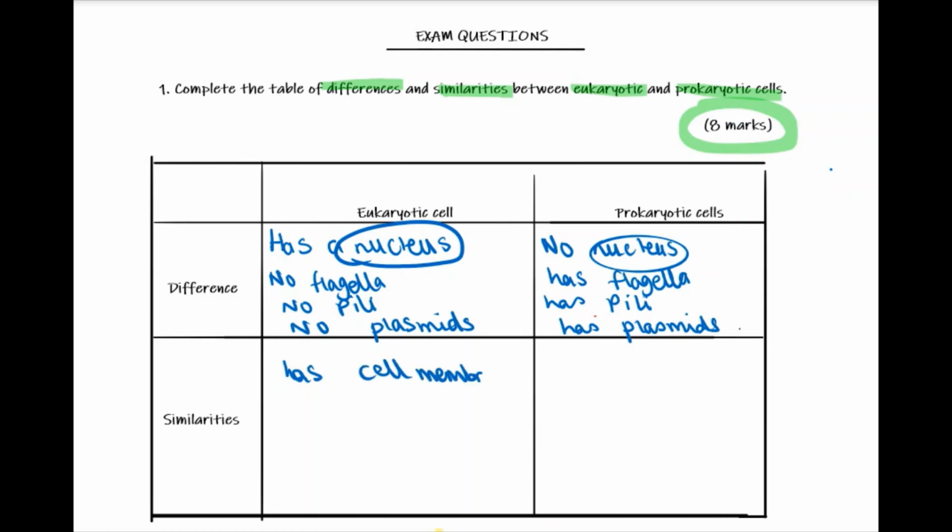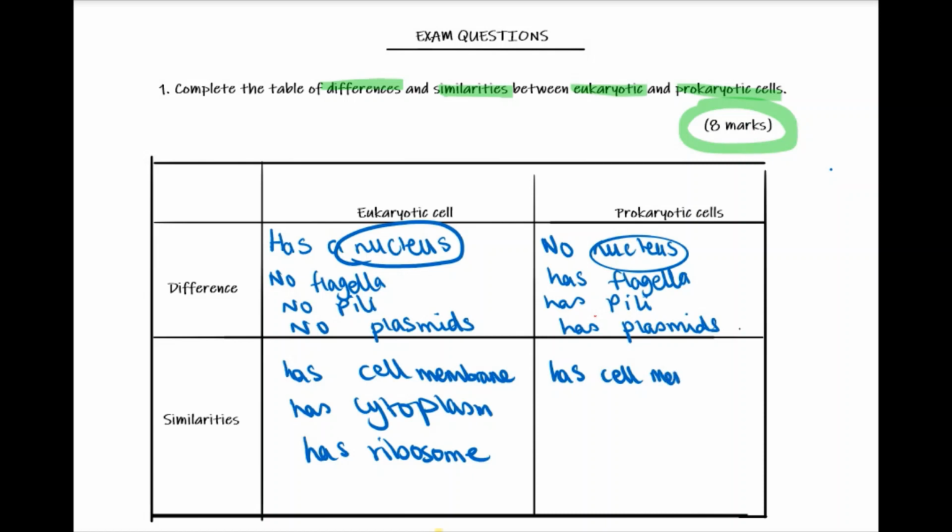It has cytoplasm. It has ribosomes. And now we've got to mention each of these points on the other side. So the prokaryotic cell also has a cell membrane. It also has cytoplasm and also has ribosomes.